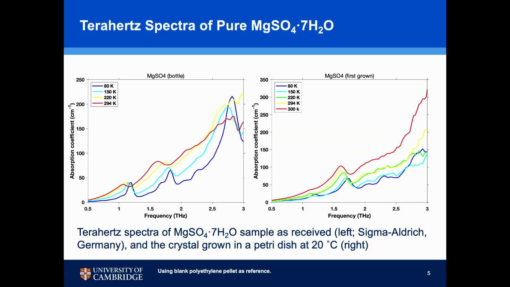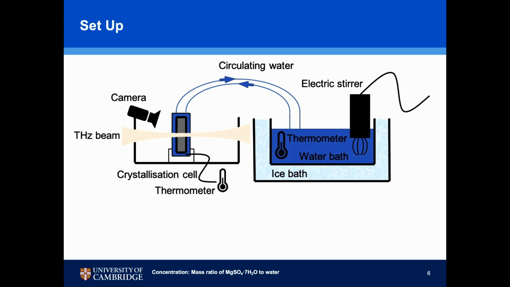As we can see, at different temperatures the spectra match quite well with the sample as received. It has a peak at about 1.1 terahertz and another one around 1.6 terahertz. By this, we can confirm that the crystals we grow at these conditions are heptahydrate instead of other forms.